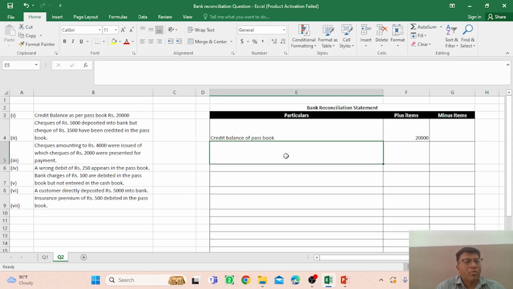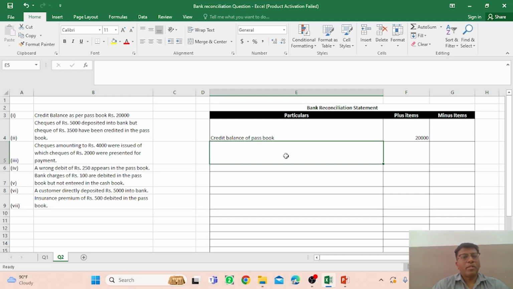Opposite book is given to you. And the second transaction you see: checks of rupees 5,000 deposited into bank, but checks of rupees 3,500 have been credited in the passbook. So now the opposite book you have to suppose, that is the cash book. So you have to observe the impact or effect of the particular transaction on the cash book, right?